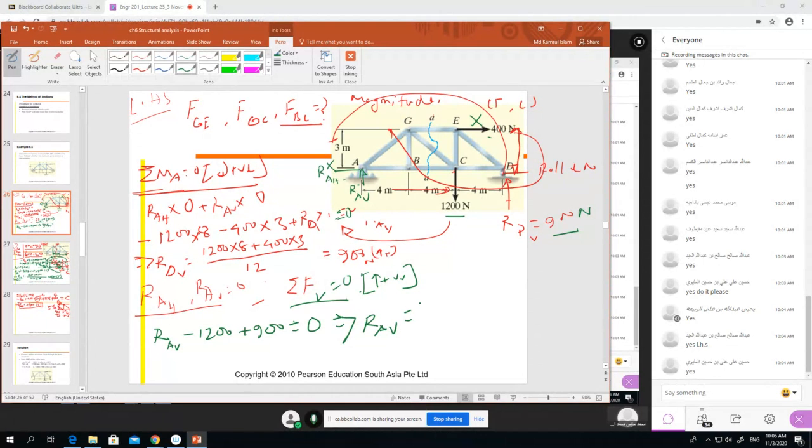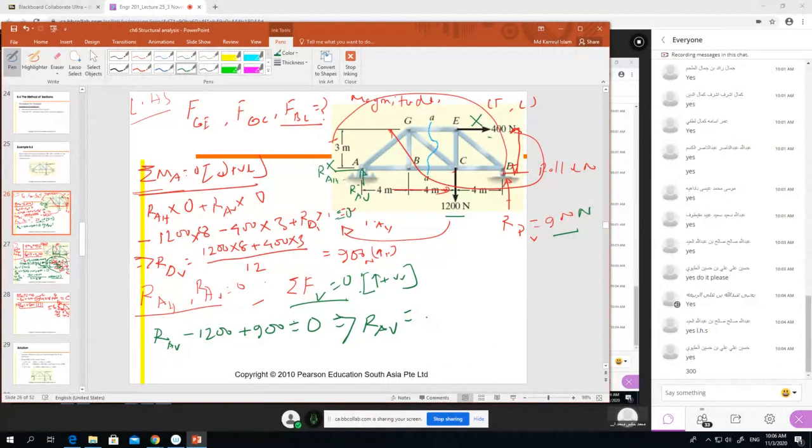This equation is very easy, right? How much is RAV? 300, yes. So 300 upward, right? RAV equal to 300 Newton.